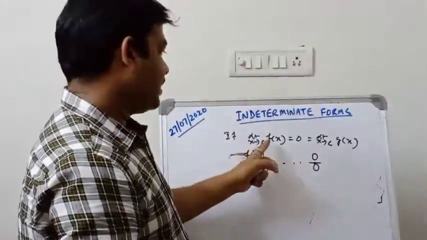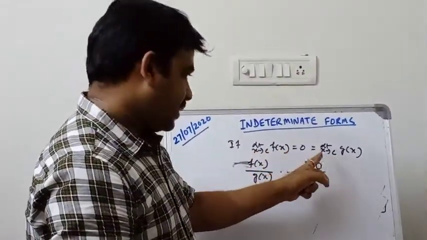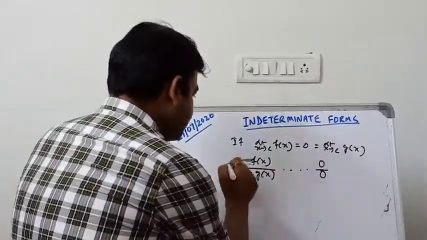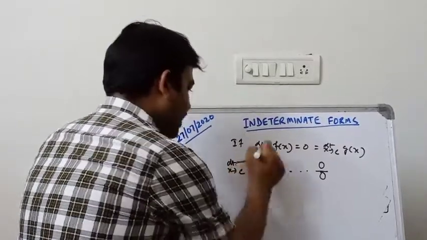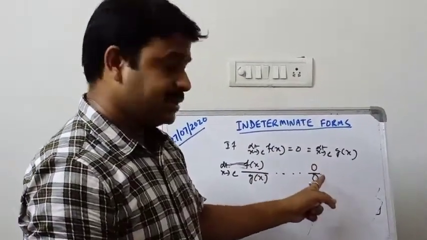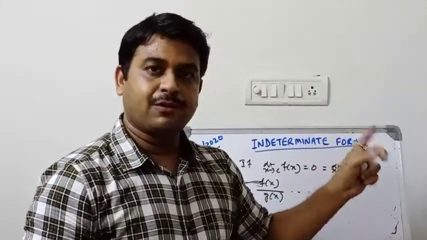When limit x tends to c, f of x is 0, as well as limit x tends to c, g of x is 0, at that time limit x tends to c, f of x by g of x we assume as the form 0 by 0, which is known as indeterminate form.